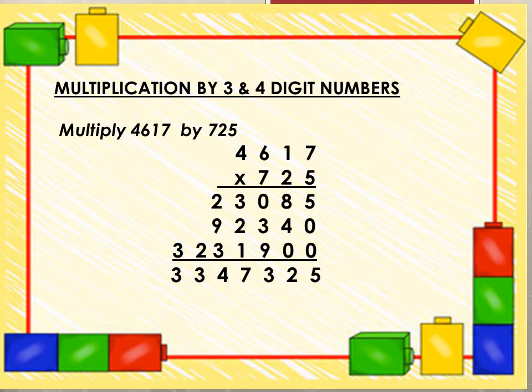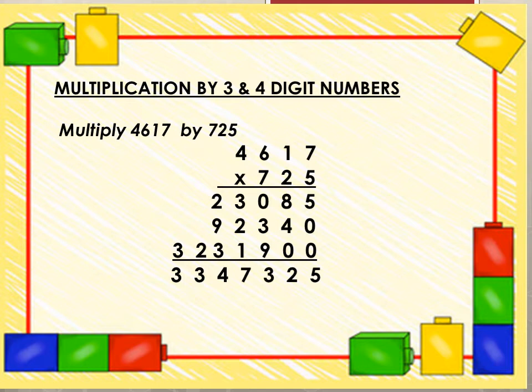Now similarly, in the third step we will place 2 zeros at the ones place and tens place because we are going to multiply by 7, that is the hundreds place digit. So we have to block the ones place and tens place by 0.